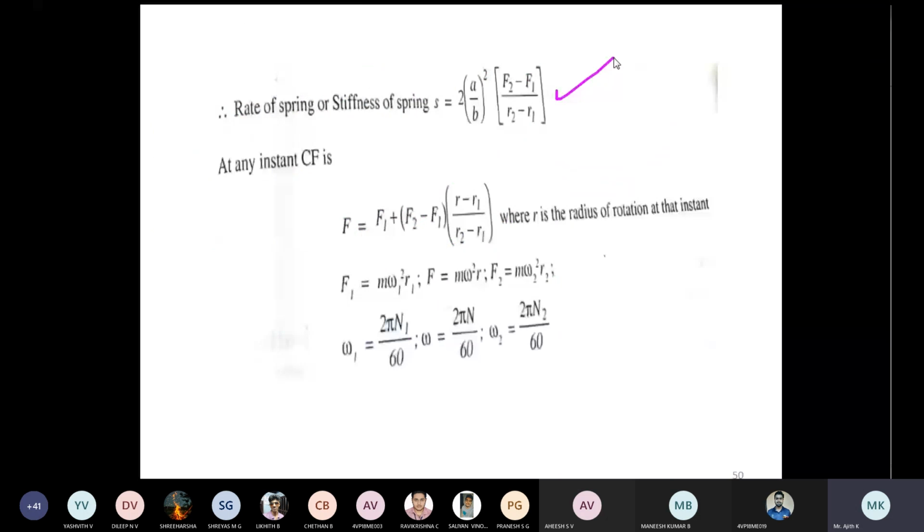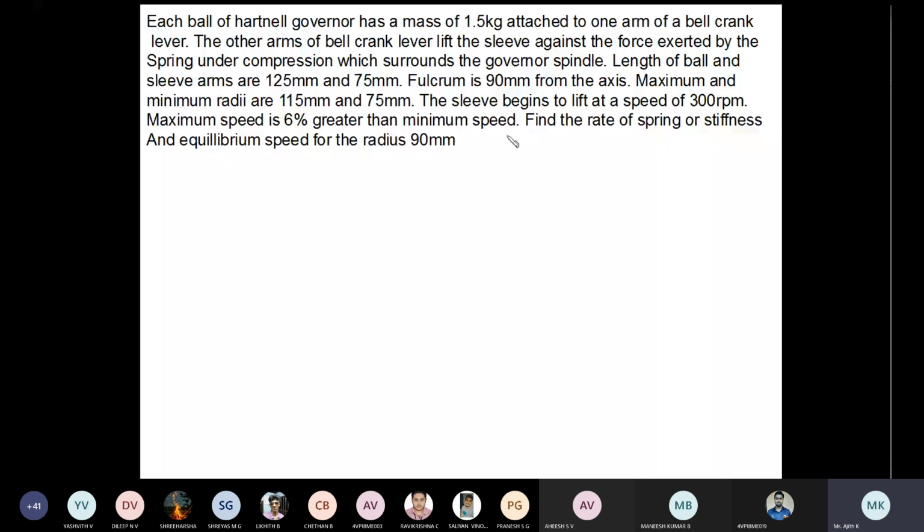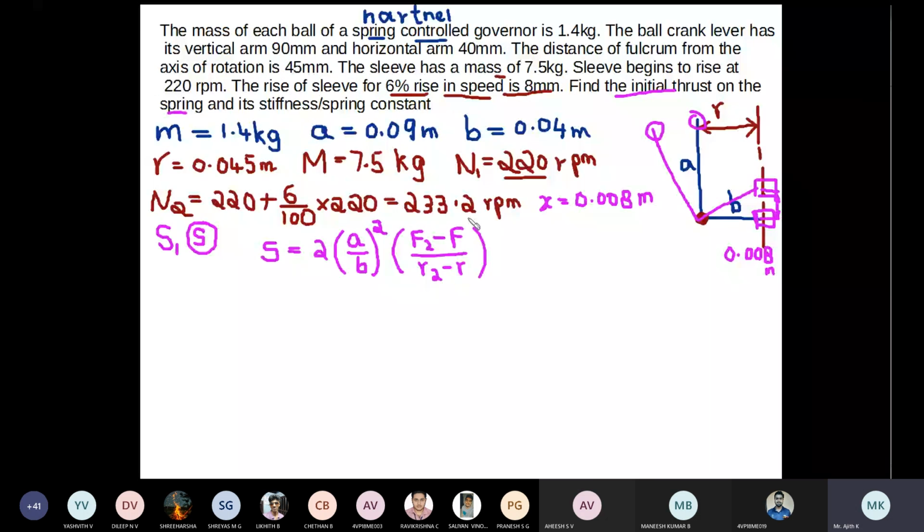This equation you have to remember. Rate of spring or stiffness is given by 2 times (A by B) whole square. You can consider either F2 minus F1 divided by R2 minus R1, or you can consider F2 minus F divided by R2 minus R. You can consider F1 and R1 also. So what is the A value in this problem? A value is given directly, it is 0.09. B value is 0.04, it is given directly.